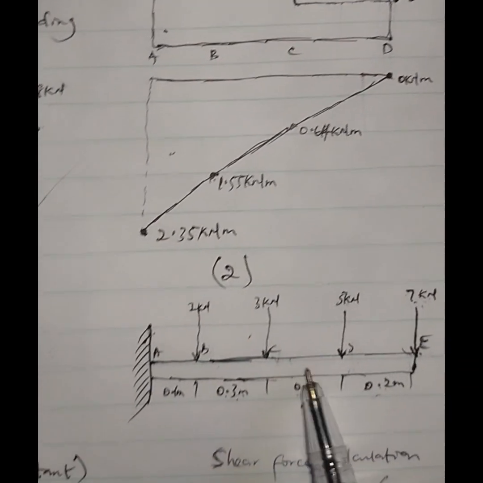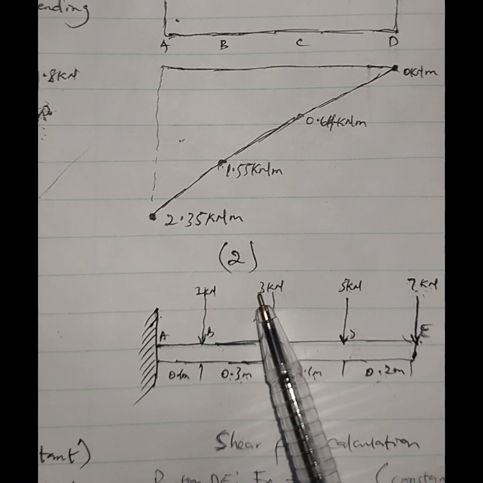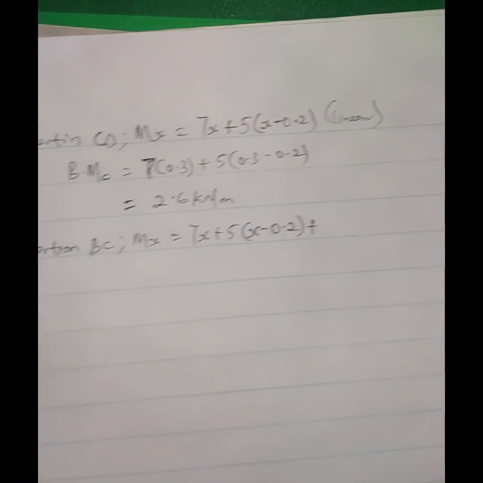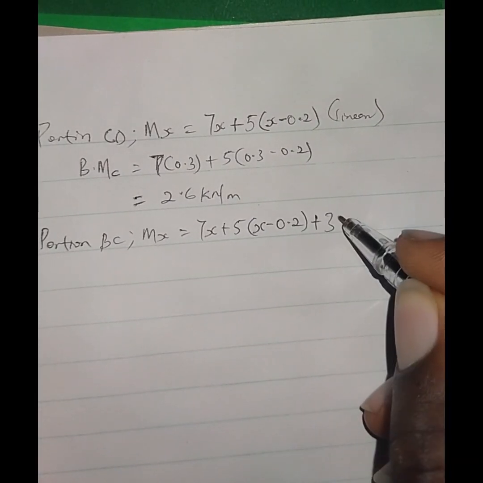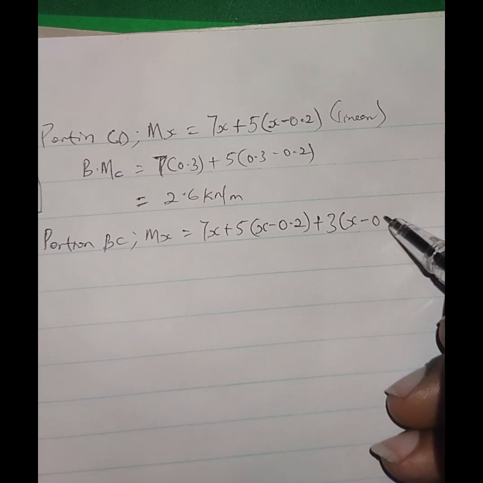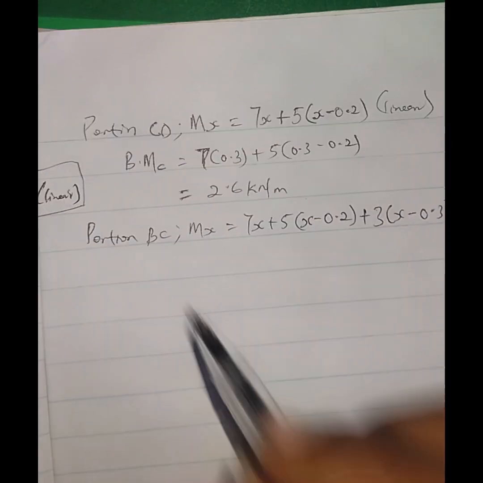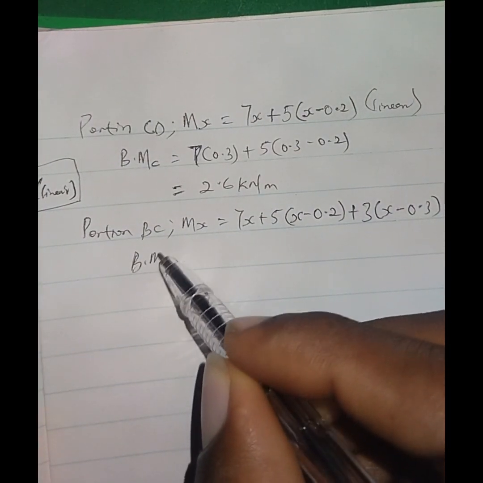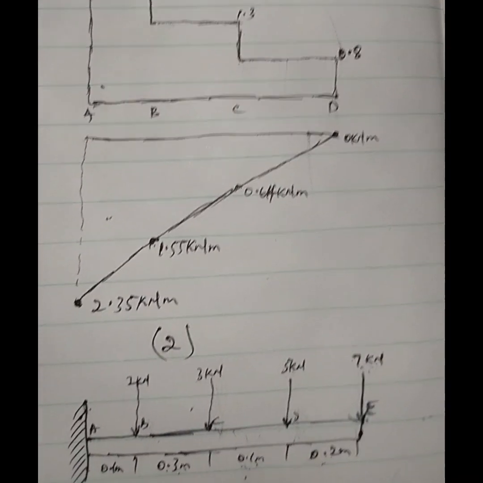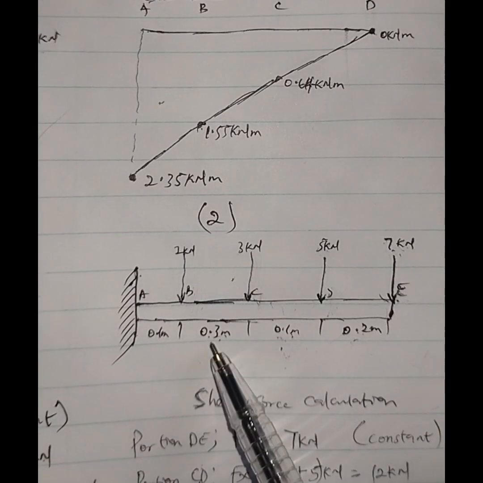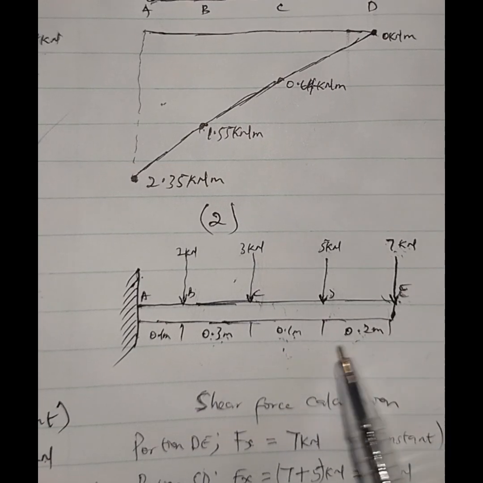Now this point node that you can see is 3. So that's what we use, plus 3 into bracket x minus 0.3. So now the bending moment at B, I want to use 0.6 as x, but why? Because 0.3, 0.1, 0.2 add up to 0.6.